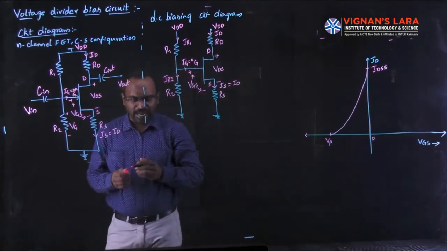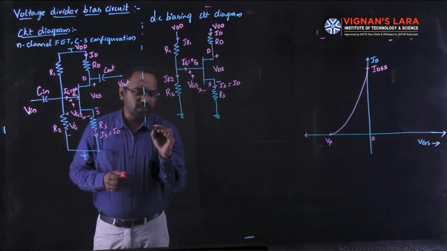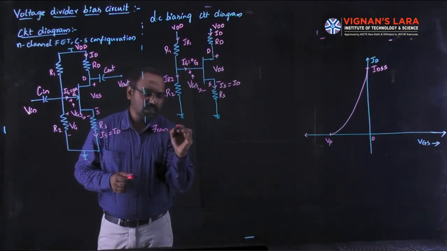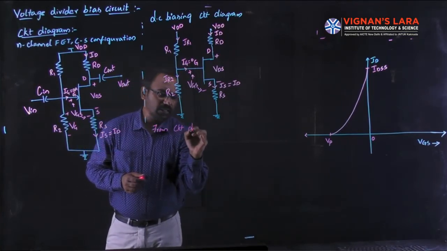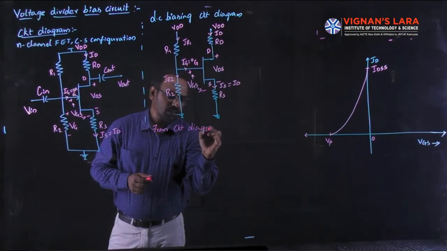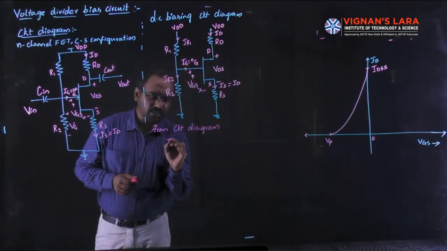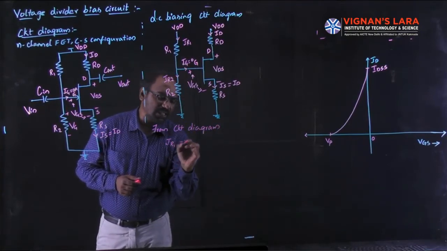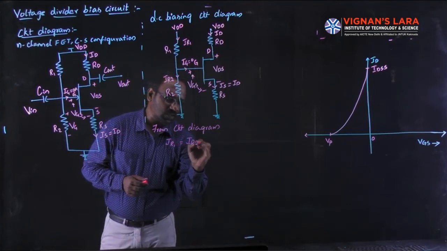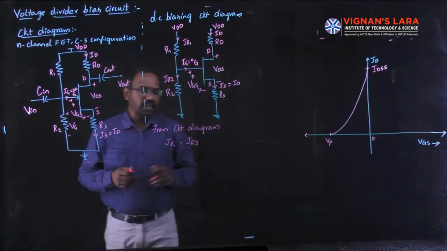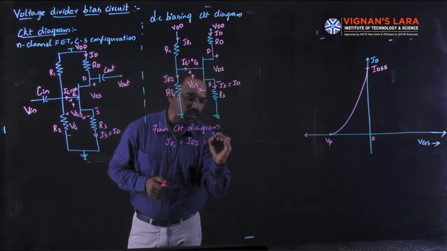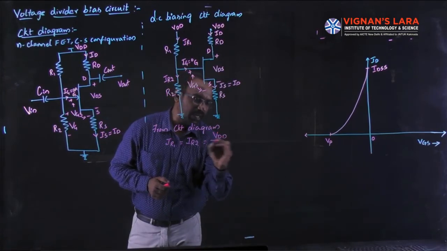From the circuit diagram, I can write IR1 is equal to IR2. Why? Because they are in series. And generally the current will be equal to VDD by R1 plus R2.